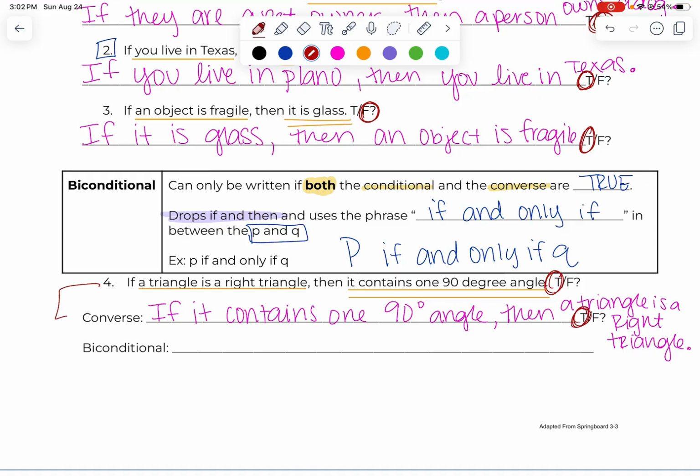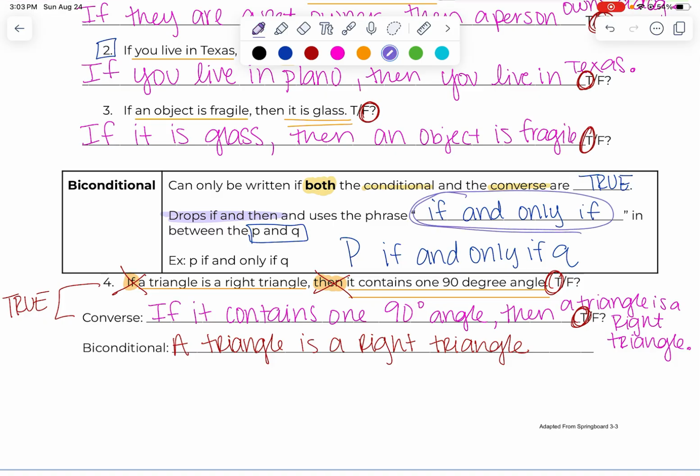Now, both of these are true, which means we can write a biconditional. So the word if and the word then, those are going away. We are cutting those out. So we're going to start with a triangle is a right triangle. That's our hypothesis, remember? Now we're going to add in this phrase, if and only if.